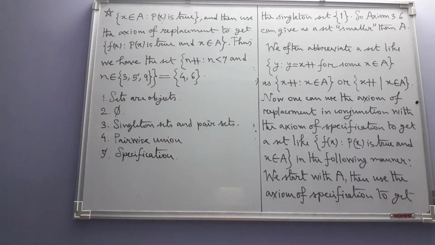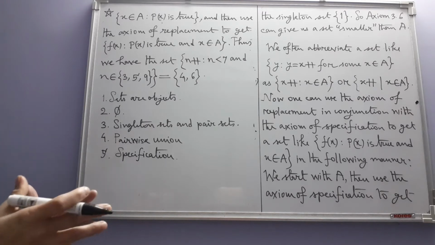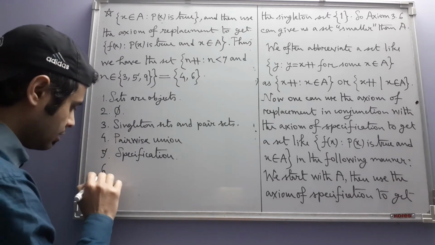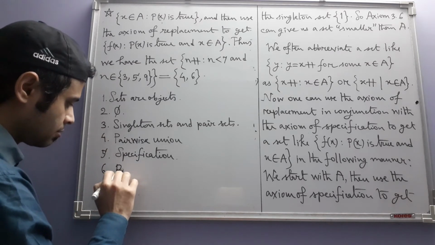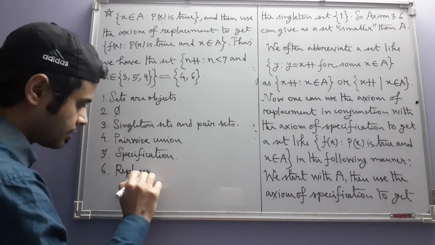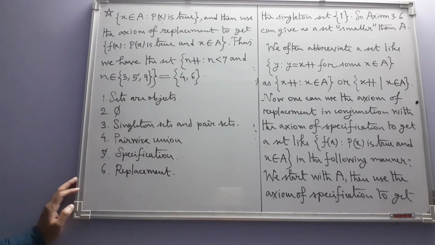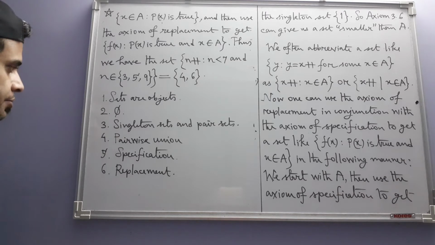It allows us to create a subset of a given set using some property or condition that the elements of the given set may or may not satisfy. It is the subset consisting of those elements of the given set that satisfy the condition. And then the sixth axiom is the axiom of replacement. It helps us replace the elements of a set by some other objects, possibly collect them together and call that collection a set.